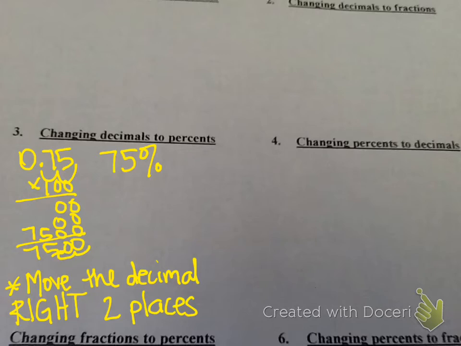Alright, changing percents to decimals then is going to be the opposite. So I move the decimal to the left 2 places.